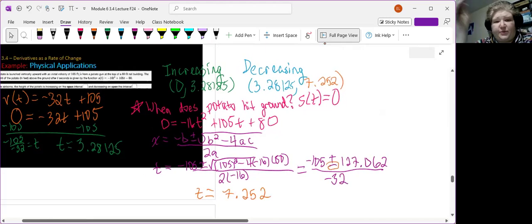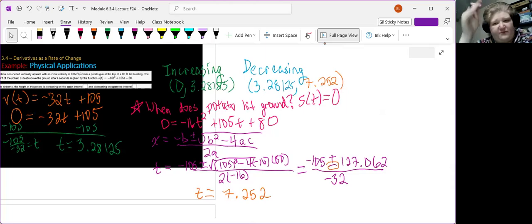So it increases until about 3.28 seconds. And then from that time until 7.25 seconds, it's decreasing. And then it's on the ground. And any of the function values past 7.252, we don't care what it does. In the context of this problem, those points don't exist, just like the points before where time equals 0 don't exist.